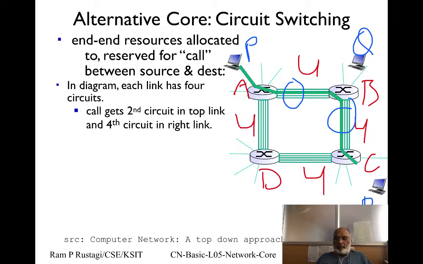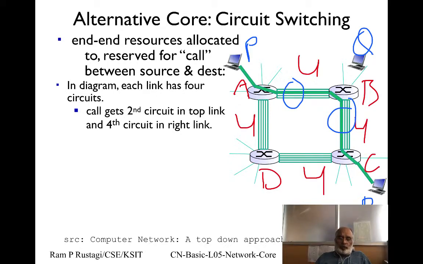So now the entire circuit, the 2 circuits A to B and B to C, are reserved. Doesn't matter whether P is sending 1 packet, 1 byte per second or 1 megabyte per second, depending on capacity, this circuit cannot be used by other machines.